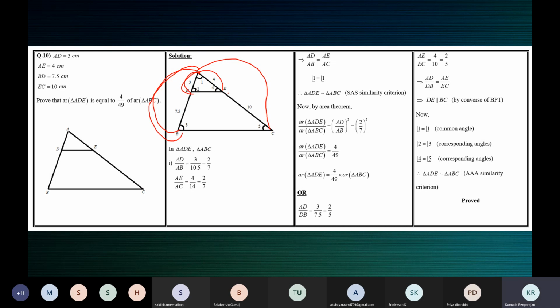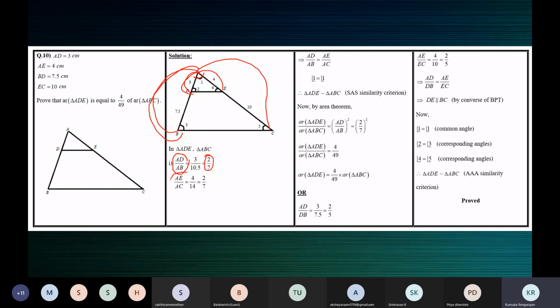Sides proportional. Included angle: angle 1 is equal to angle 1. Angle 1 is an angle in both the triangles, so it's a common angle. This is how we prove that two triangles are similar by SAS rule. SAS similarity criterion. Sides proportional: AD of the small triangle by AB of the big triangle is 2 by 7.